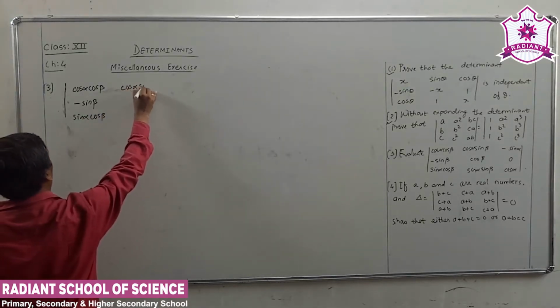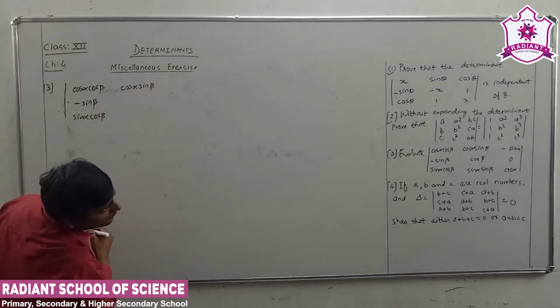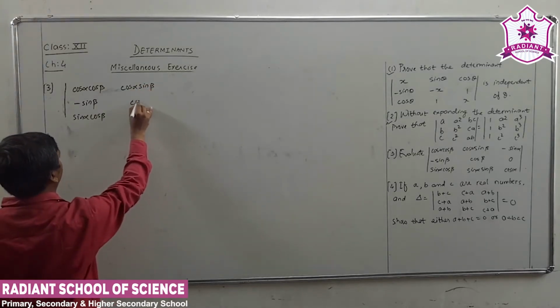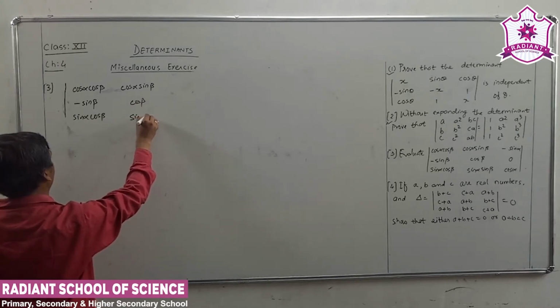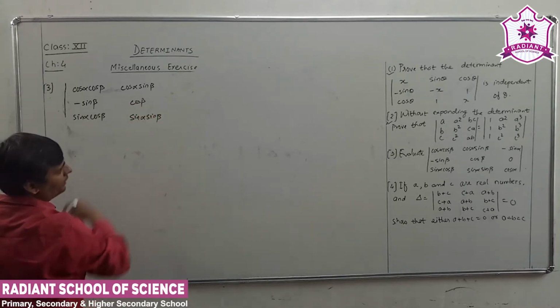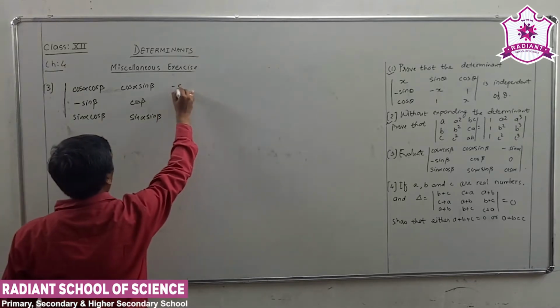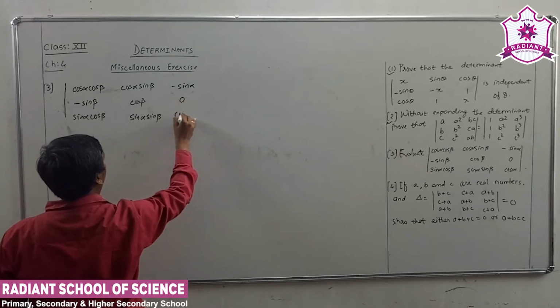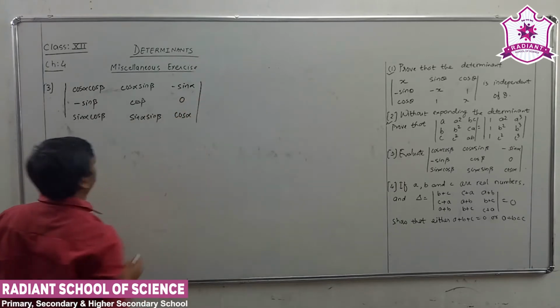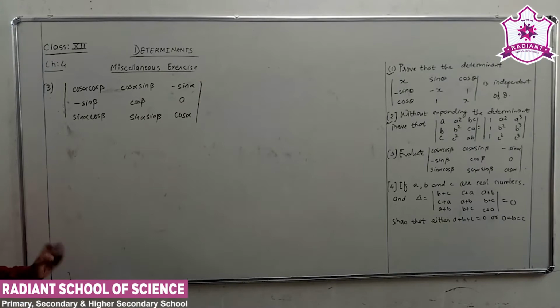So cos alpha into sin beta, cos beta, and sin alpha into sin beta, then after minus sin alpha, 0 and cos alpha, right? So let's start. First simplify this.